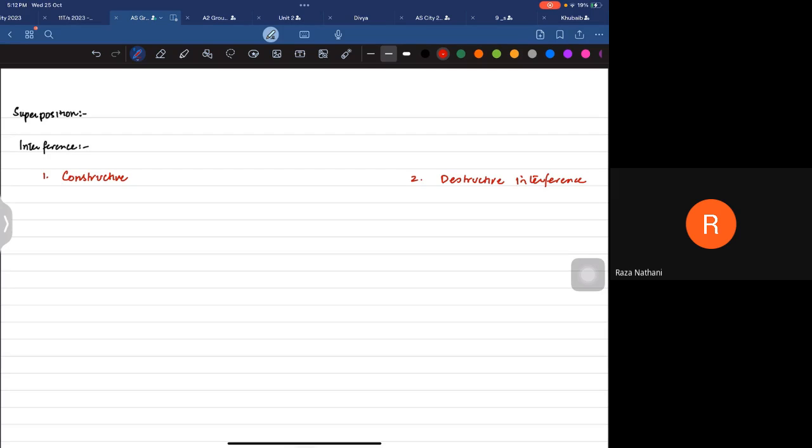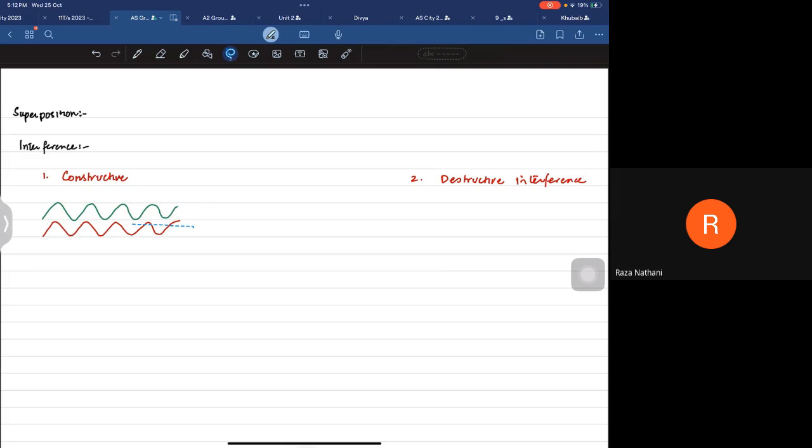Now, for constructive one, you guys need to understand that if a wave is in phase with another wave, like they are identical, so let's suppose this one has an amplitude.